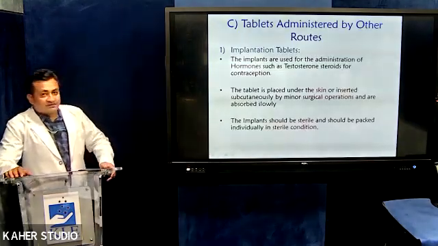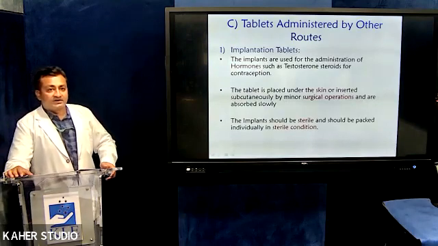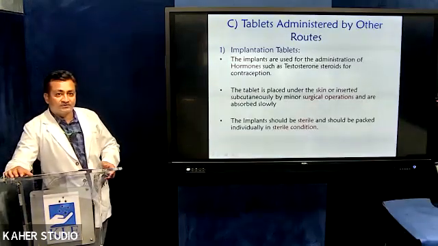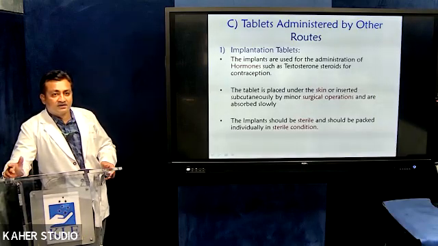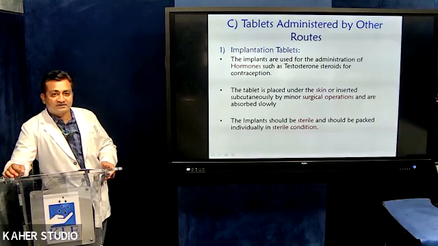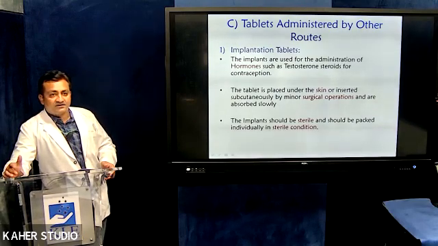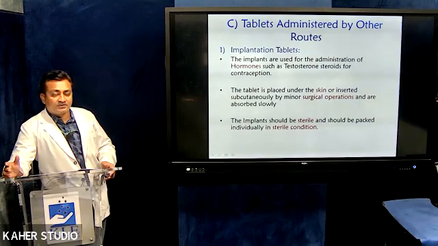Next, tablets administered by implantation. The implants are used for the administration of hormones such as testosterone or contraceptive hormones. These tablets are placed under the skin, inserted subcutaneously by minor surgery, and are absorbed very slowly. The implant should be sterile.